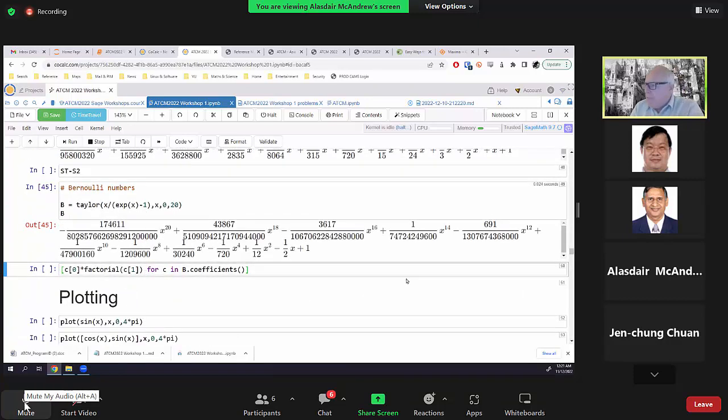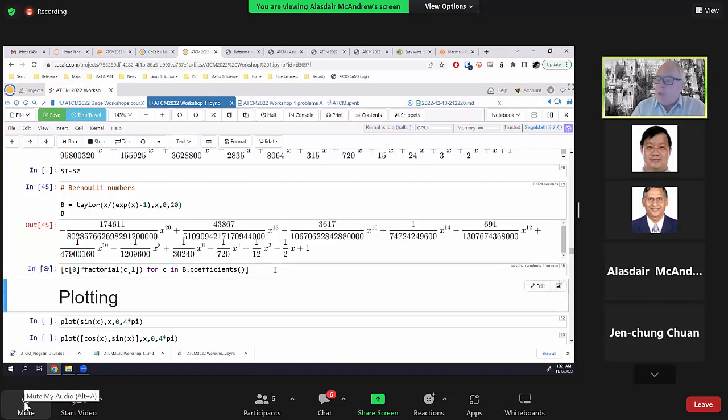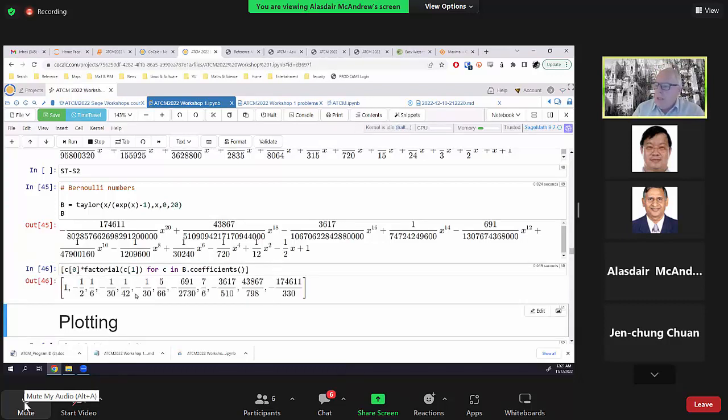It's not immediately obvious, but these numbers are the Bernoulli numbers divided by the appropriate factorial. So I multiply the coefficients by the factorials. Those are the first lot of the Bernoulli numbers.